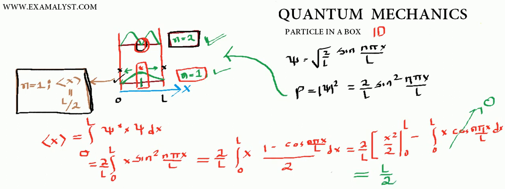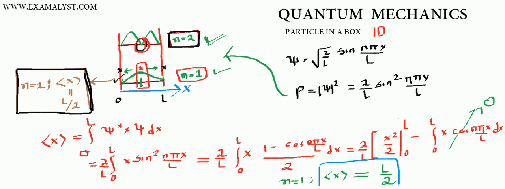So what you see, for n equals to 1, the expectation value of x is indeed L by 2. It means for the n equals to 1 state, the electron spends most of the time at the center of the 1D box. So what do you mean by n equals to 1 state?